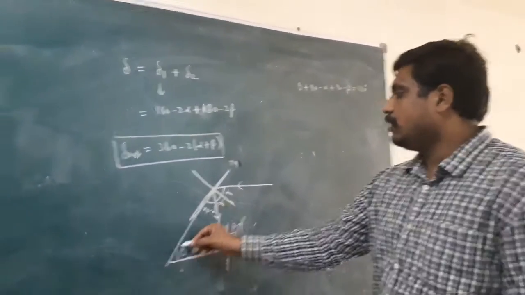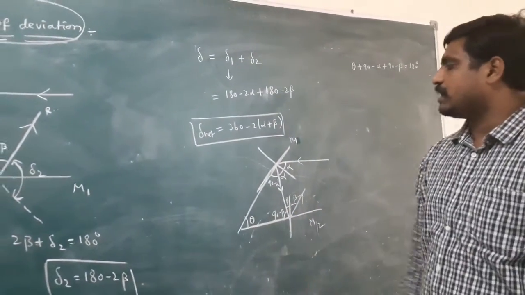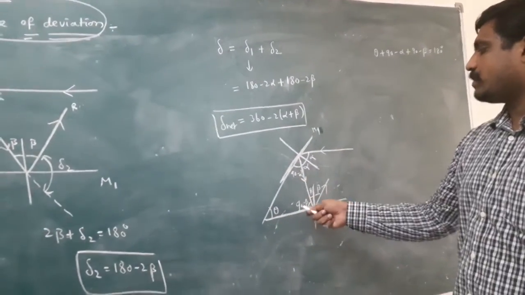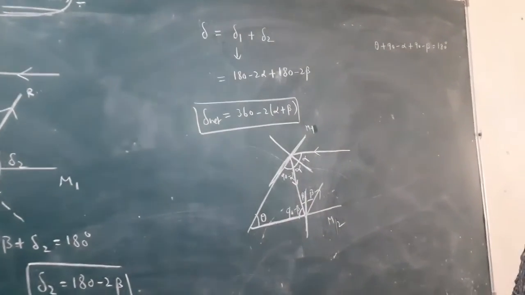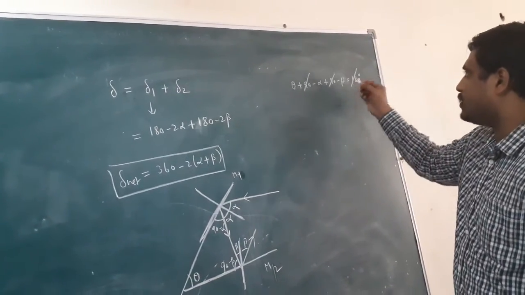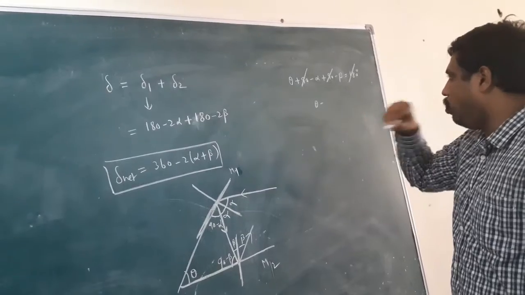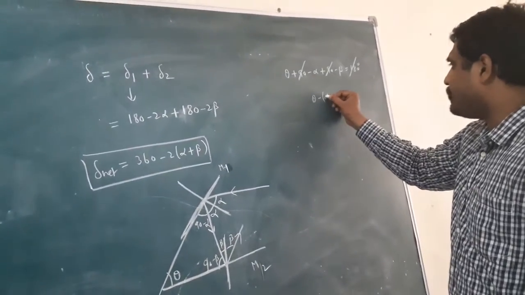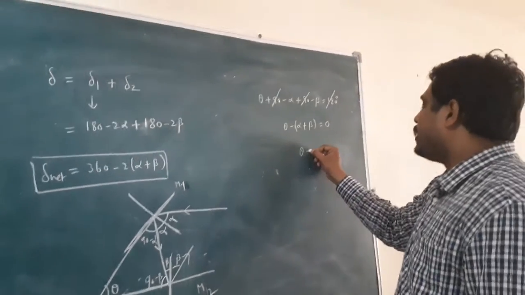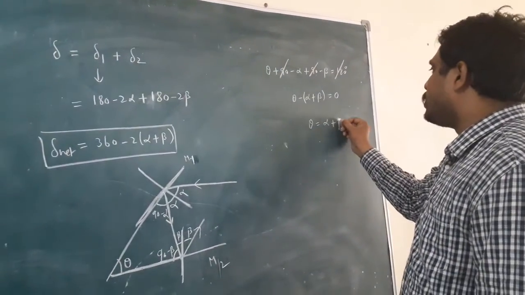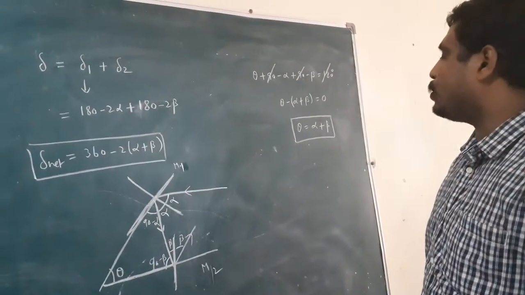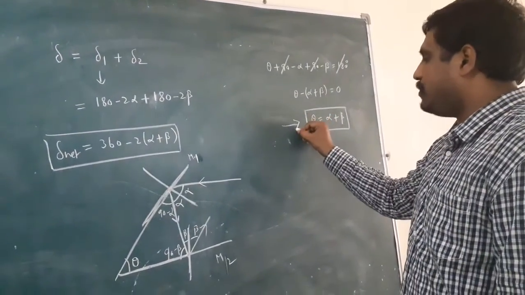Now look here. This total triangle angle is 180. Theta plus 90 minus alpha plus 90 minus beta equals 180. 90 plus 90 is 180, 180 and 180 cancel. Theta minus (alpha plus beta) equals 0. According to this relation, theta equals alpha plus beta.